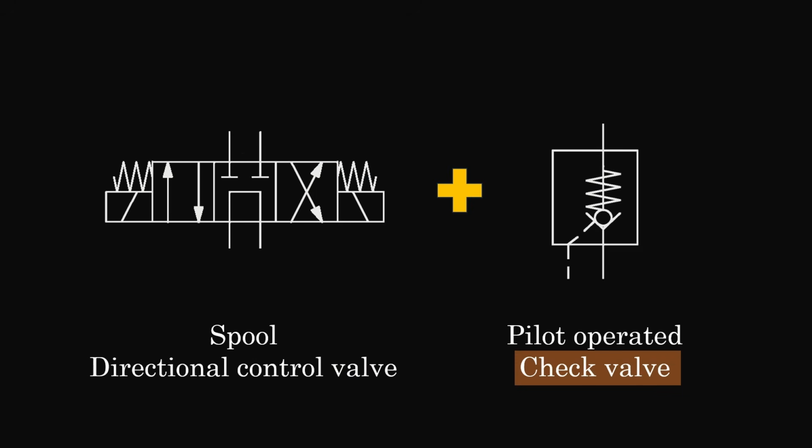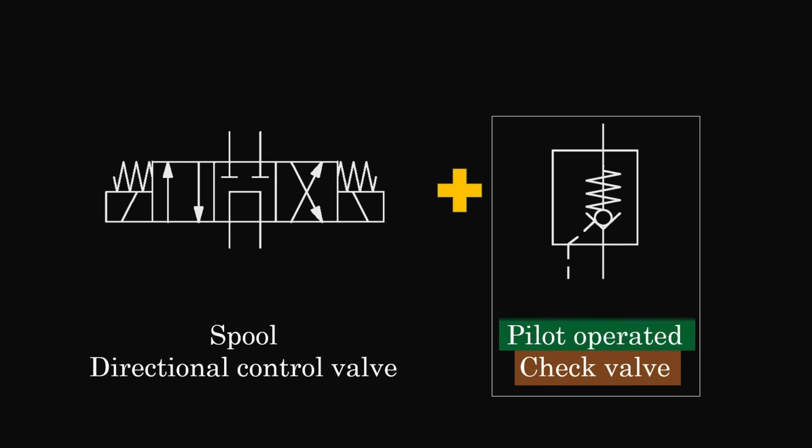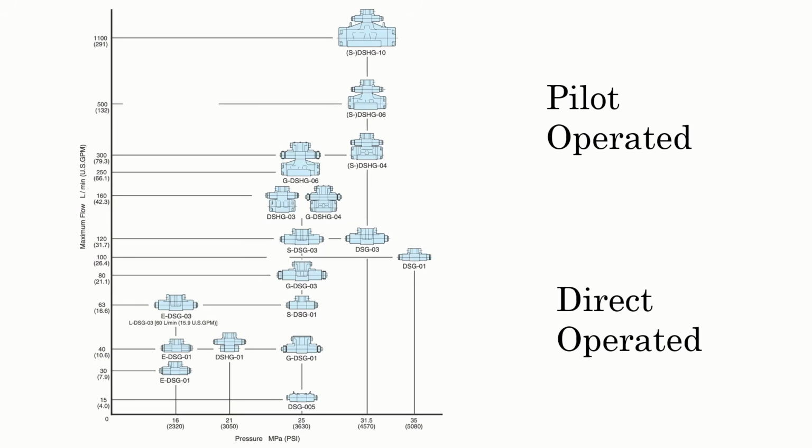Now, before we understand a pilot operated check valve, we need to understand what pilot operated means. All types of hydraulic directional control valves can be classified on the basis of how their internal element, either a spool or poppet, is moved. First is direct operated.